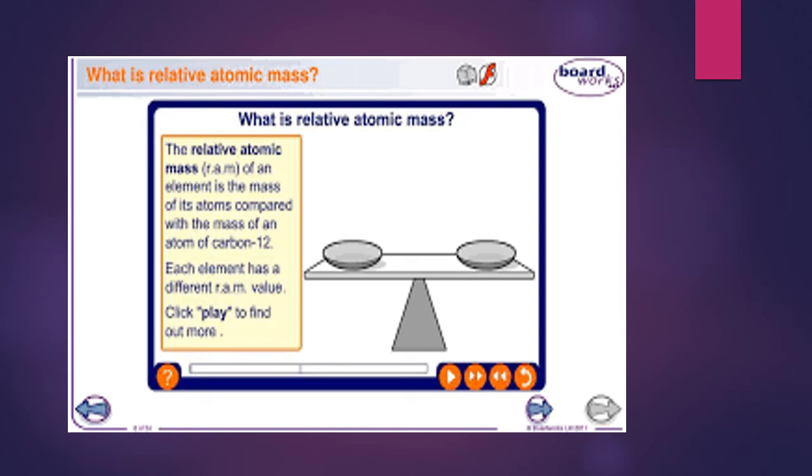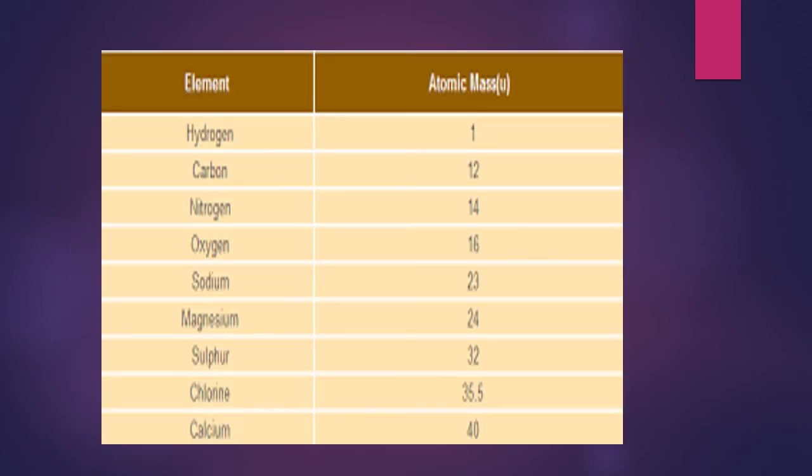As it's a relative quantity, there are no units for the relative atomic mass. So the scientists were able to find the atomic masses of different elements. You can see in the table, the atomic mass of hydrogen is 1, carbon is 12, nitrogen is 14, oxygen is 16. Likewise, for all the elements, the scientists have calculated the atomic masses.